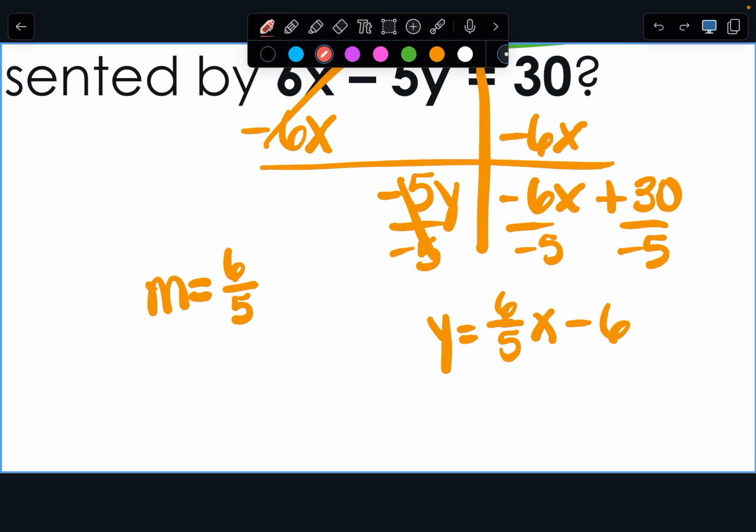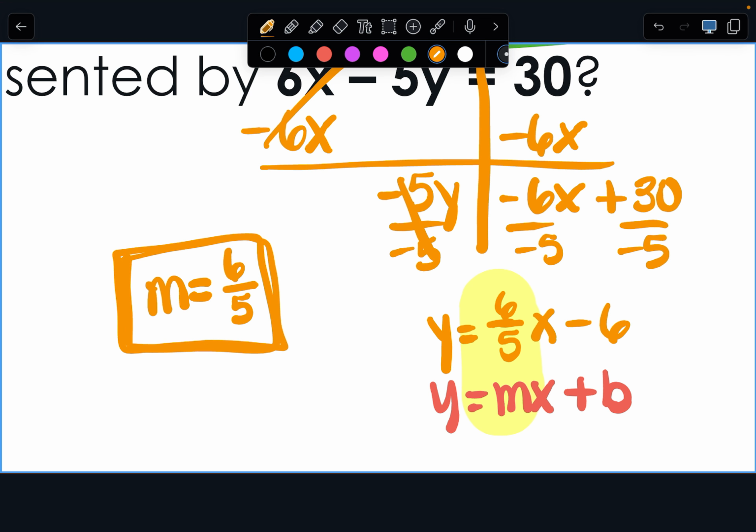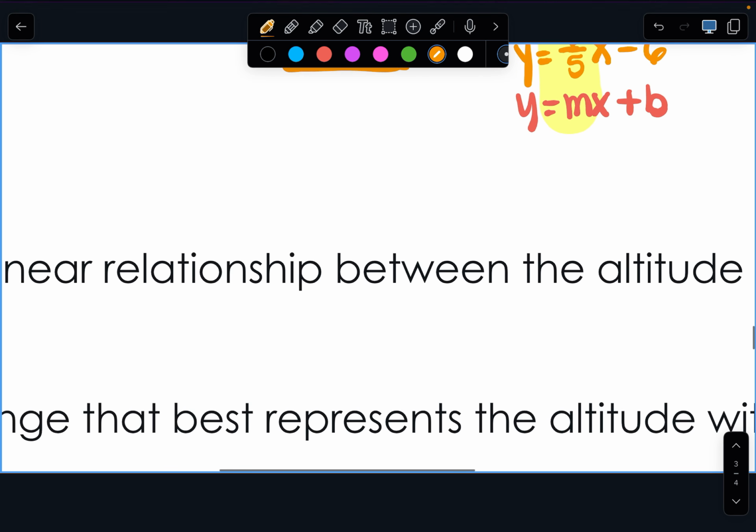The slope is the letter m. The slope is not mx. Just like when we solve for the slope, we're not writing mx equals y2 minus y1. No, we write m equals, yes? The slope is just m, okay? So if you give me 6 over 5x, I will take points off.